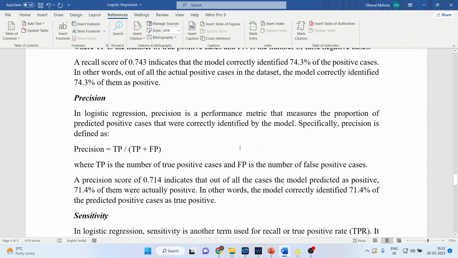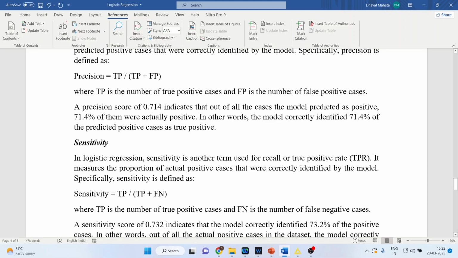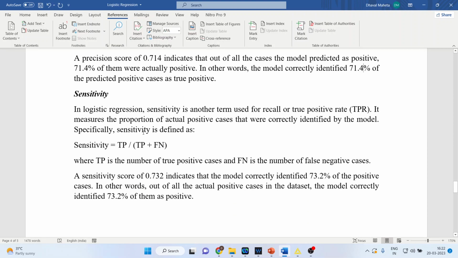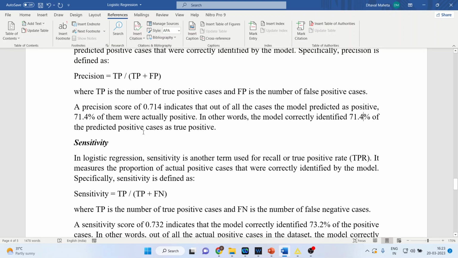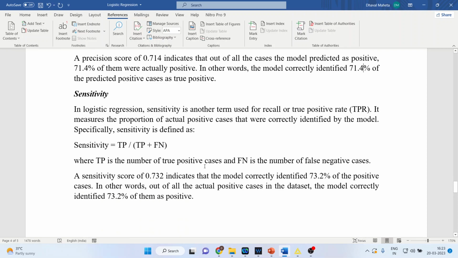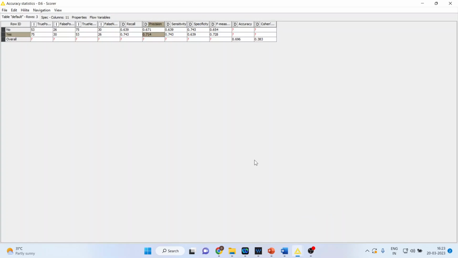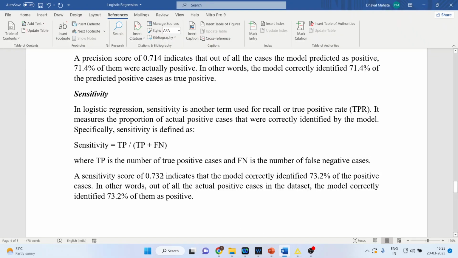Then comes the specificity, or sorry, sensitivity. Sensitivity is true positive divided by true positive plus false negative. Let me see its number. Sensitivity, how much is it? 0.743. It is also quite good.